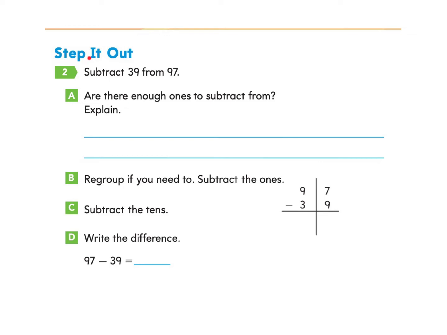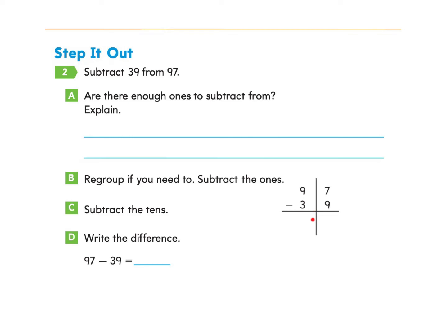Under Step It Out, Part 2. Subtract 39 from 97. Let's look at Part A. Are there enough ones to subtract from? Explain. Well, luckily we have a great visual right here that has the 97 take away 39.